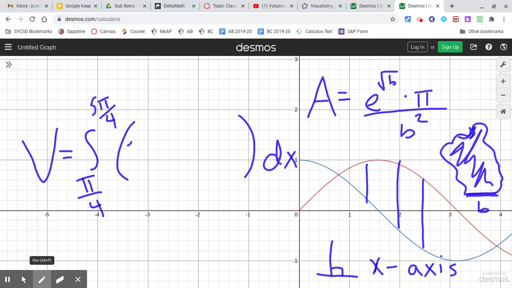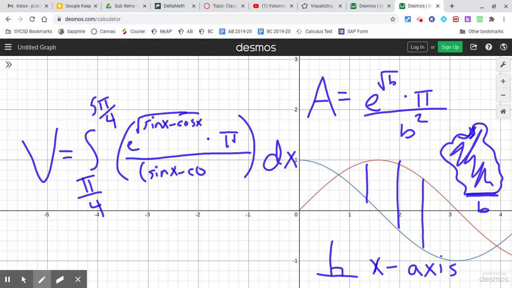Well, it was e to the square root of the base, which I know is sine x minus cosine x, times pi over my base, which was sine x minus cosine x, all squared.